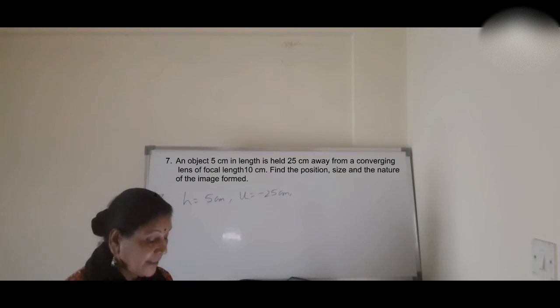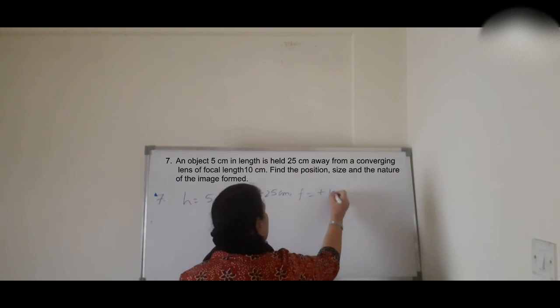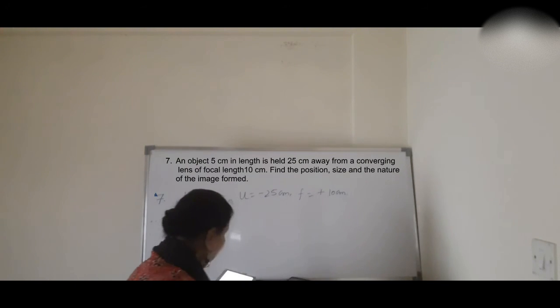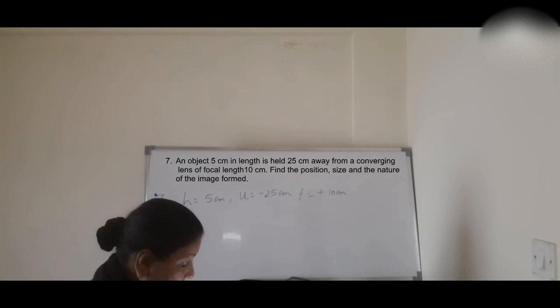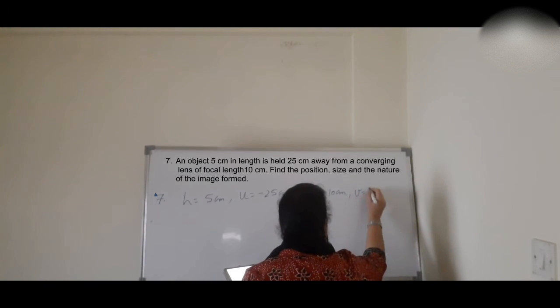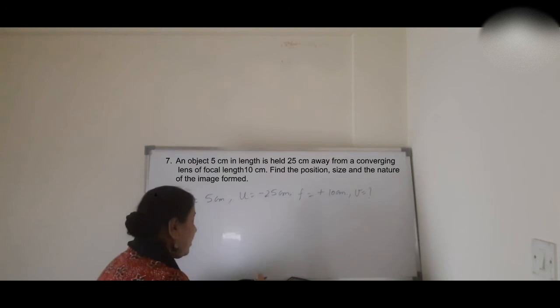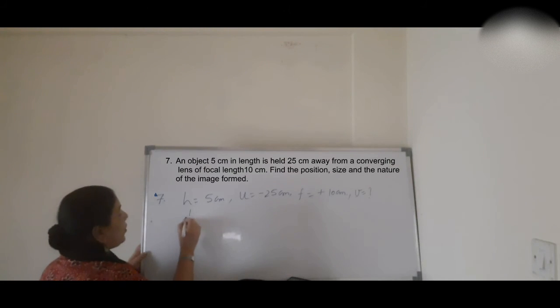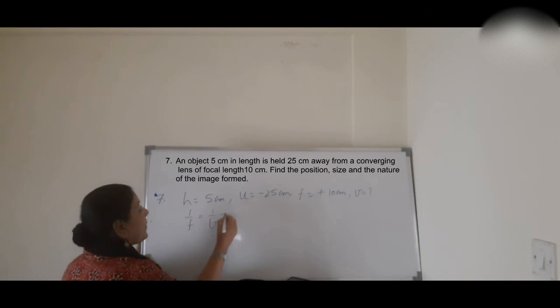Of focal length 10 centimeter. Here f, because it's a converging lens, is plus 10 centimeter; for a convex lens, f is always positive. Find the position, size and nature of the image formed. We have got everything here. So we are going to use the lens formula, 1 upon f is equal to 1 upon v minus 1 upon u.